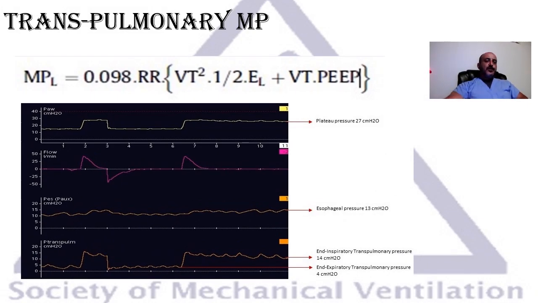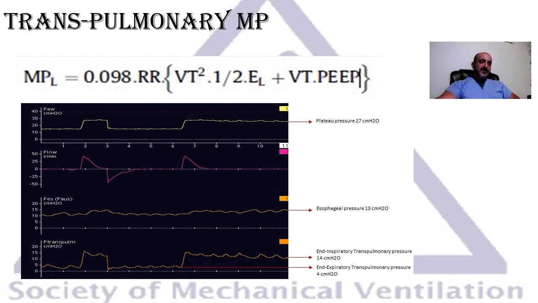We talked before in other videos about the transpulmonary pressure, and now there is another concept called the transpulmonary mechanical power. Unfortunately, there are not many studies about it, maybe a few, but the idea is to calculate the power according to the transpulmonary pressure, not the whole respiratory system.